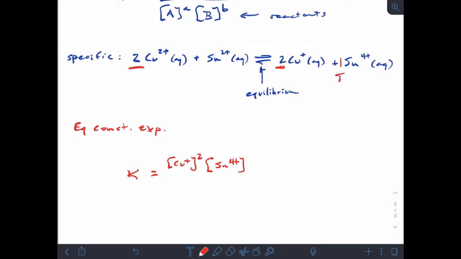I don't have to write that power. Over my reactants, and I have a copper 2 plus to the second power, because its stoichiometric coefficient is 2, times my tin 2 plus, which has a stoichiometric coefficient of 1. Products over reactants raised to their stoichiometric coefficients.